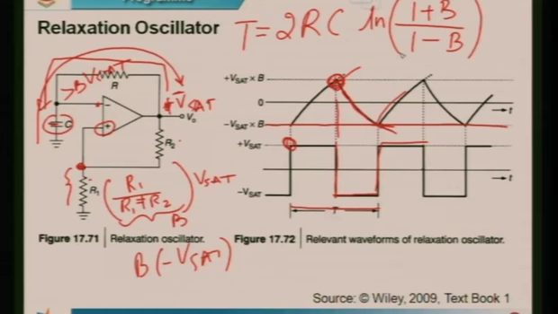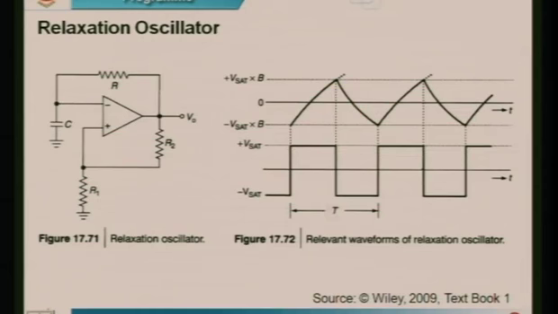So for an op-amp relaxation oscillator, the time period is 2RC times ln of (1 plus B) divided by (1 minus B). Now let us try to solve a numerical based on this particular circuit.